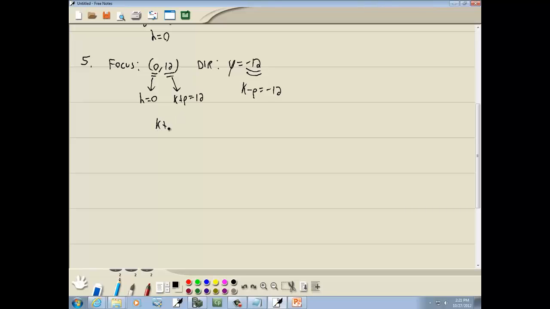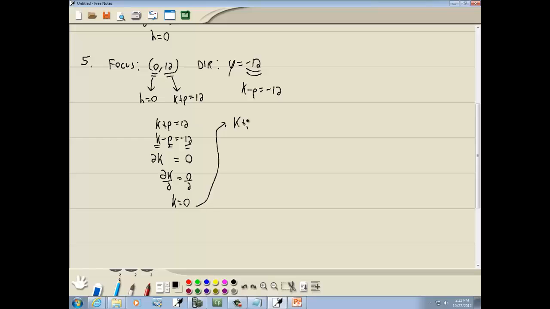We got k plus p is equal to 12, and k minus p is equal to negative 12. So we'll use the addition elimination method again. K plus k is 2k, p minus p drops away. 12 minus 12 is 0. Divide both sides by 2, and we get k is equal to 0.